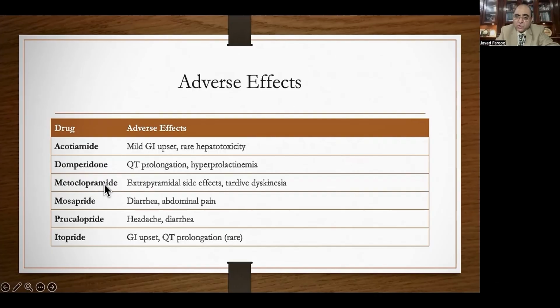Adverse effects of metoclopramide include extrapyramidal side effects, rather it is notorious for this, and tardive dyskinesia. The adverse effects of mosapride include diarrhea and abdominal pain, while adverse effects of prucalopride include headache and diarrhea. Similarly, adverse effects of Itopride are GI upset and QT prolongation, which is a rare one.